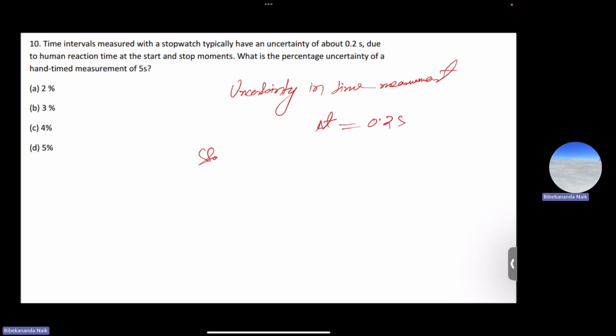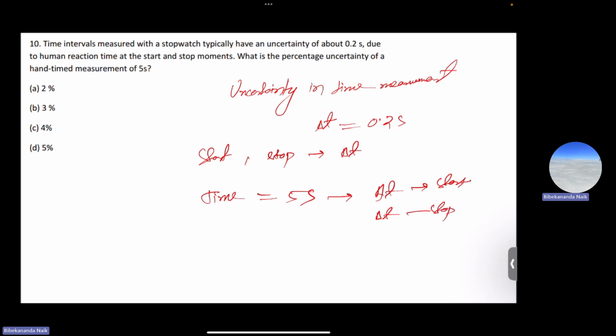So both at start and stop we have delta t uncertainty. For a time measurement value of 5 seconds, at start delta t uncertainty, and at stop delta t uncertainty is also present. So what is the total uncertainty? Delta t total is 2 delta t, that is 0.2 plus 0.2, 0.4 seconds.